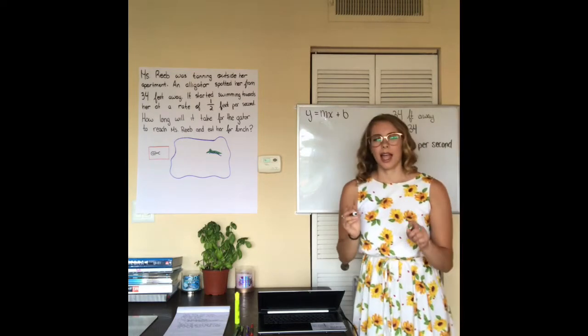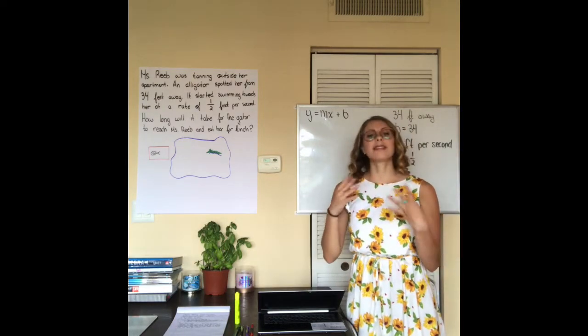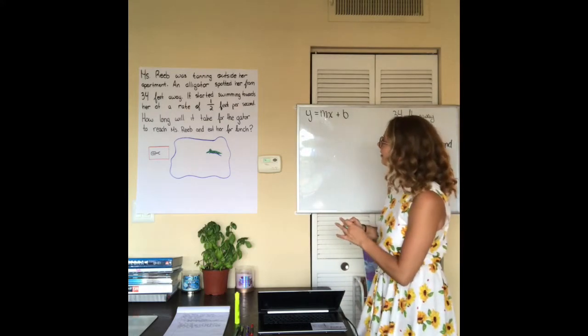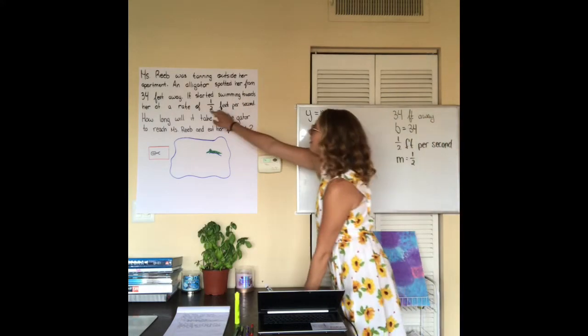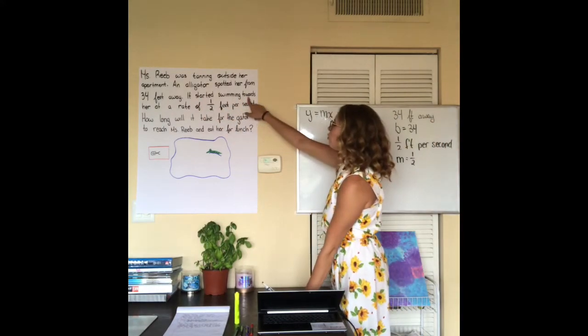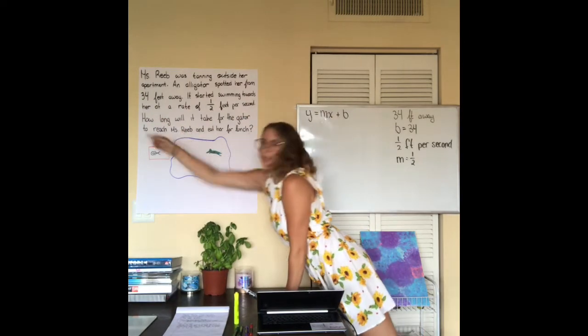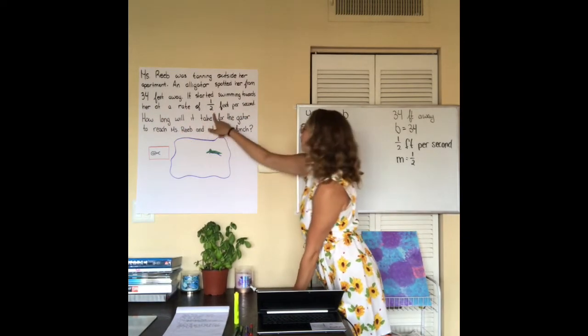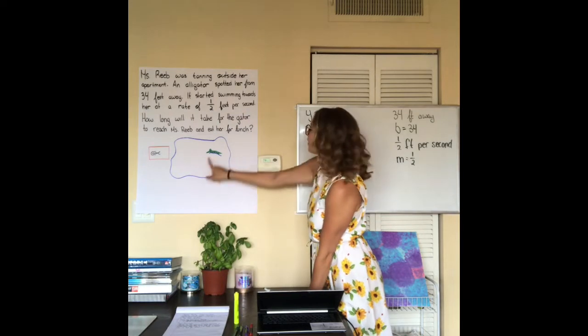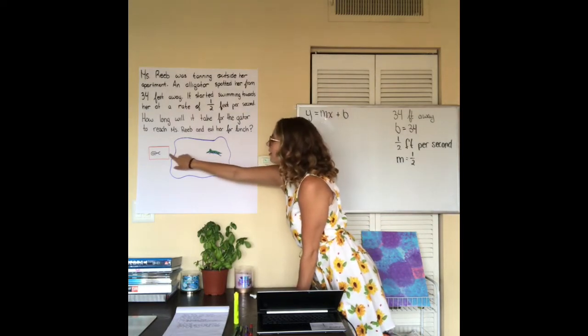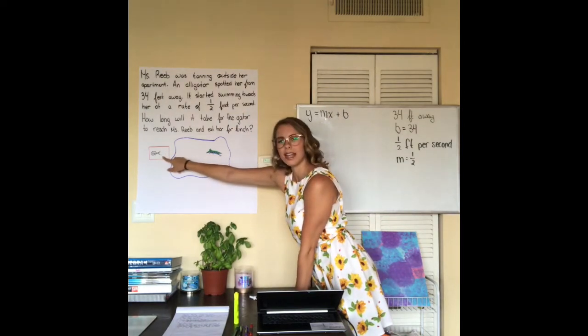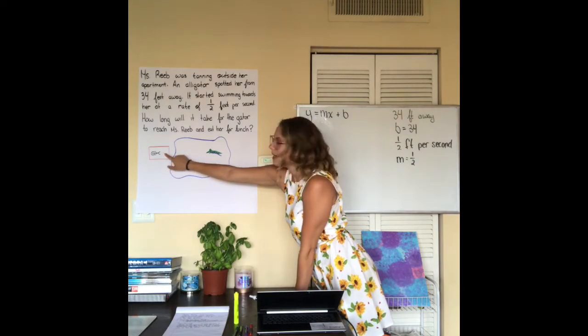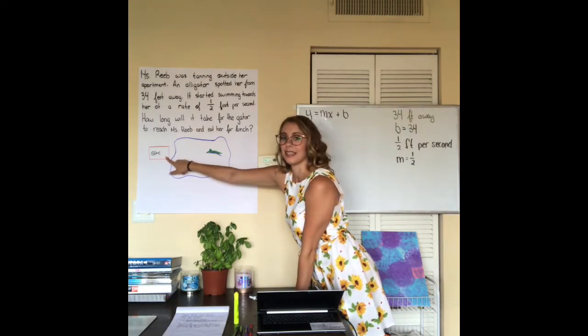But I want to be specific because this says that the alligator started swimming towards me, Miss Reeb, at a rate of 1/2 feet per second. So if this alligator is swimming towards me, I'm kind of like the starting point. So me, Miss Reeb, I am 0.